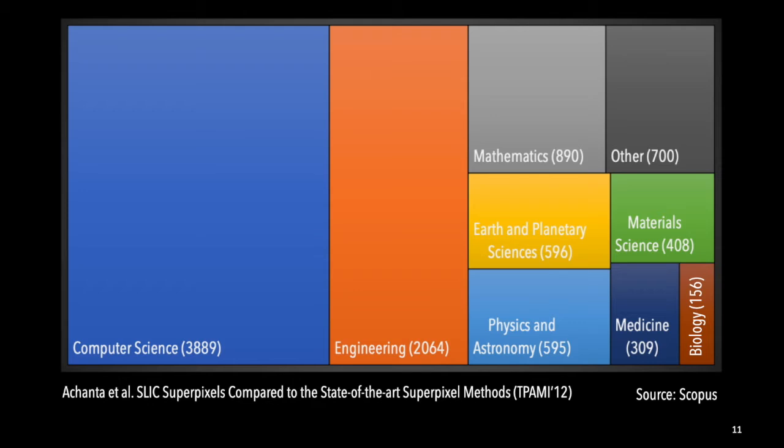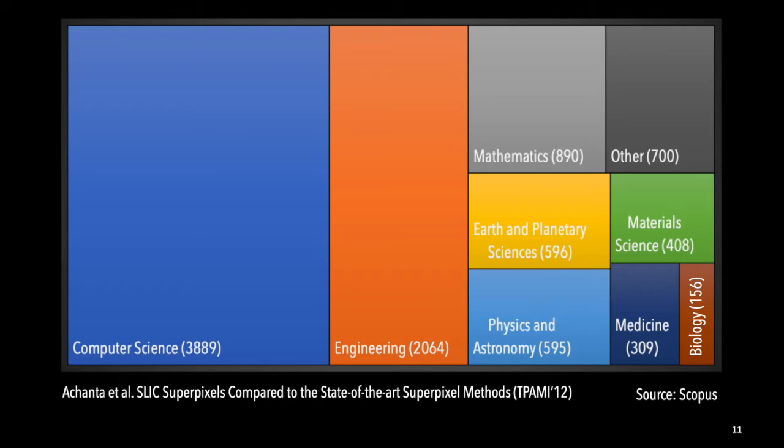Here is a list of imaging domains our first superpixel algorithm, SLIC, was used in. It shows the citation count per field according to Scopus. Of course, we have predominantly computer science, i.e. computer vision, where there's lots of application, of course, in tracking, 3D, body movement estimation, foreground, background subtraction, saliency, you name it.